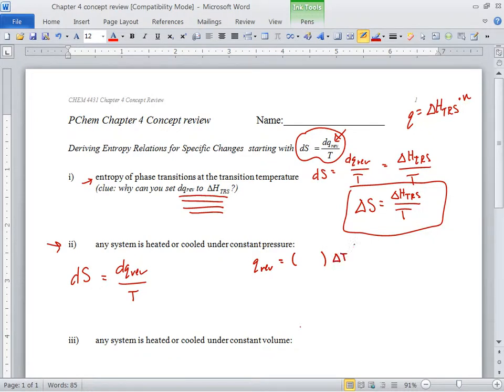You got Q. Something that tells you it's constant pressure, and you could look these up for gases, and you could say it's going to take this much heat. What was the symbol for heat capacity? Big C, little p, and one more, little m for molar.